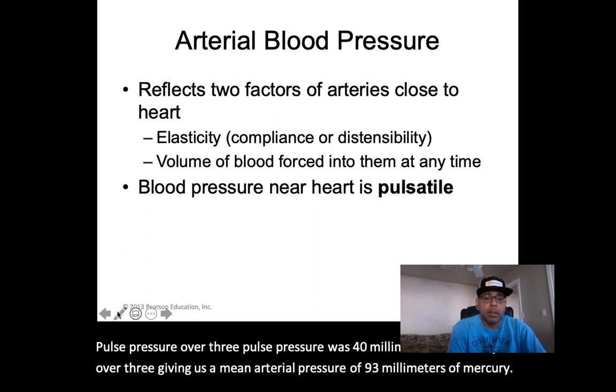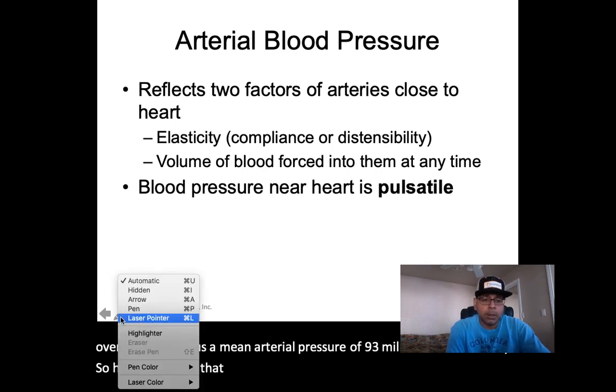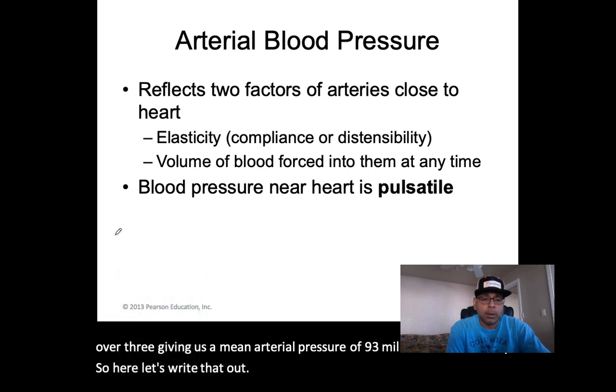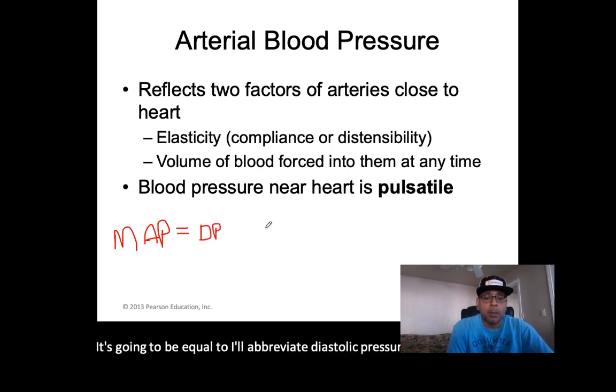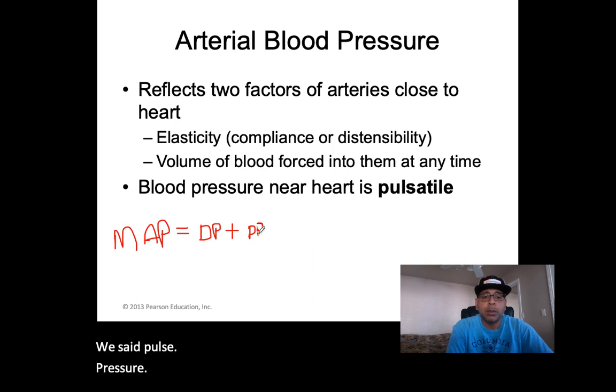So here, let's write that out. MAP is going to be equal to, I'll abbreviate diastolic pressure as dP, plus, we said, pulse pressure over 3.